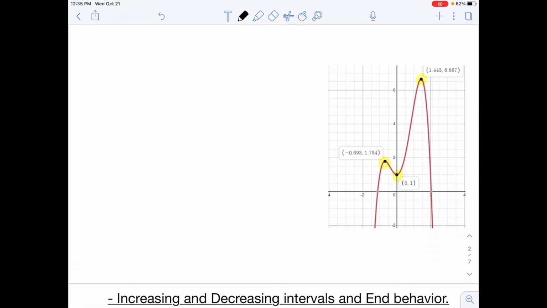Well, going here, you can see that this is a relative max, this is a relative max, but this point is the highest point of the function. So we have a relative max at, I'm going to say negative 0.7, just round that, and 1.8.